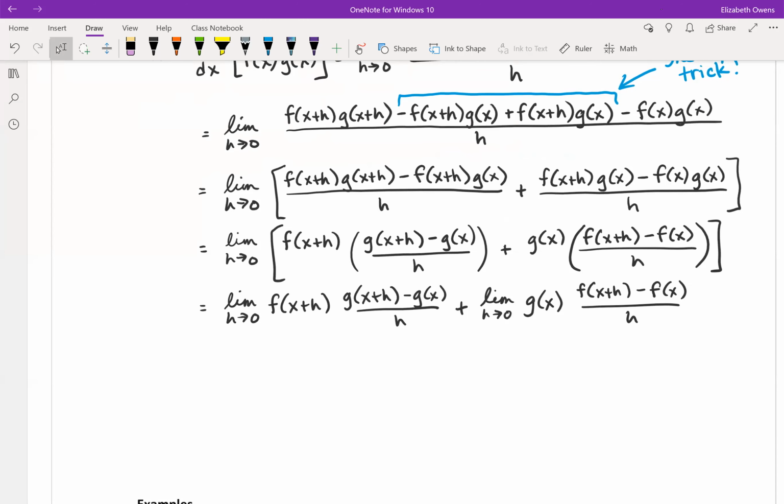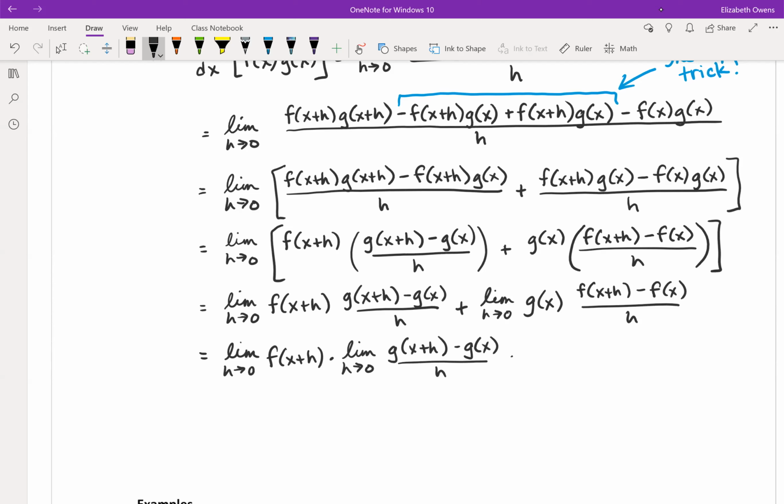Now in each one of these limit statements, we have a product. Time for another limit law. The limit of this product here, we can make into the product of two limits. Limit as h approaches 0 of f of x plus h, times the limit as h approaches 0 of g of x plus h minus g of x over h.